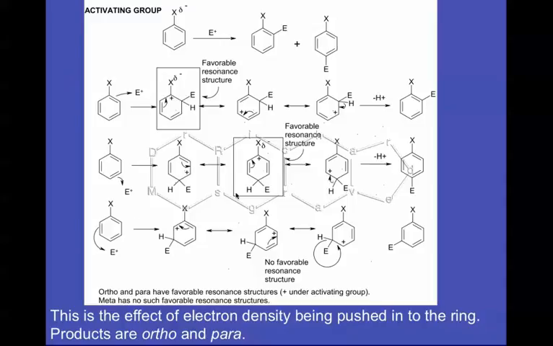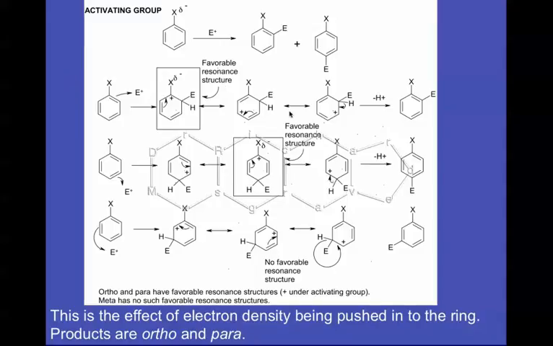Alright, so what's going on here? If this is an activating group, then it's already got a delta minus on the X. And if there's a delta minus on the X, that means if there's a resonance structure where the positive charge is directly below the delta minus, we're going to call that a favorable resonance structure.